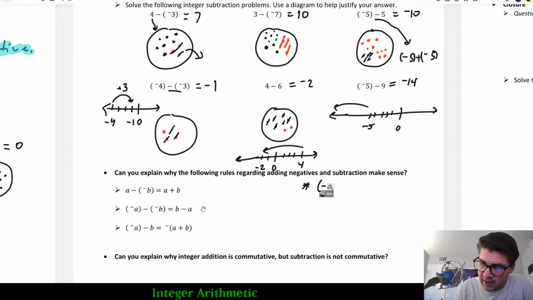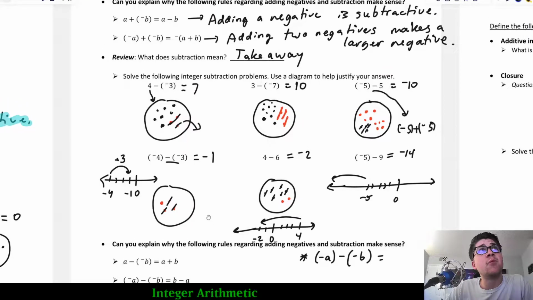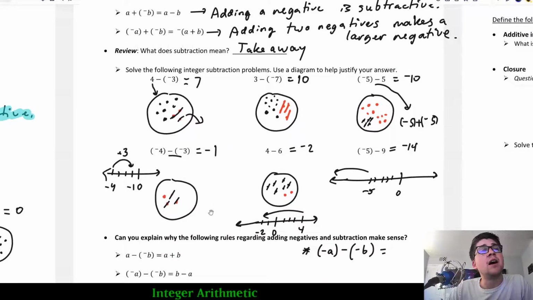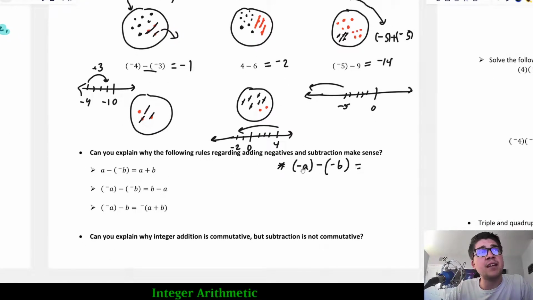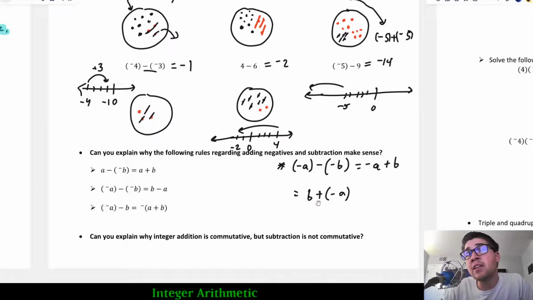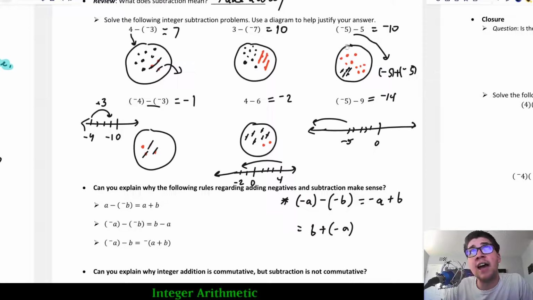If I have negative a minus negative b, I could use the rule from right here to say, well, two negatives. I could use rule number 1 to say, well, if I'm subtracting a negative, that's the same as addition, so negative a plus b. But since addition is commutative, I could rearrange this as b plus negative a. Again, you don't need to write parentheses around negatives, but normally, notice I have been writing the parentheses.